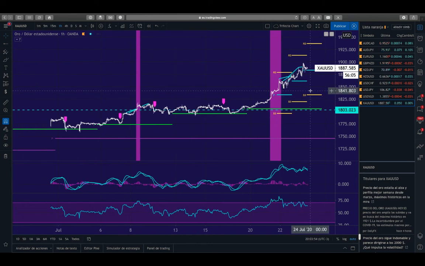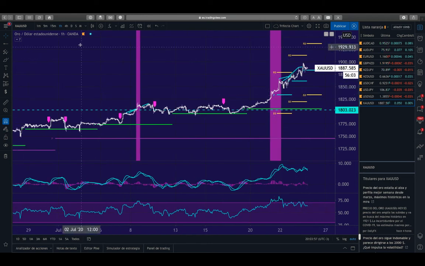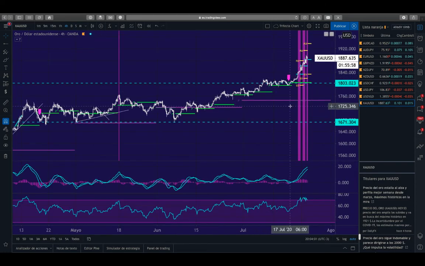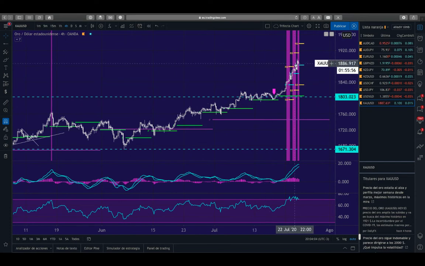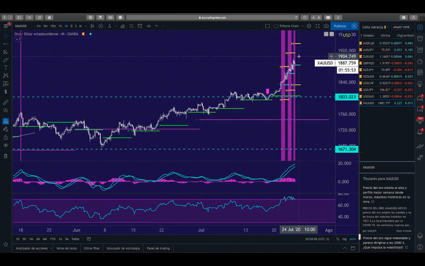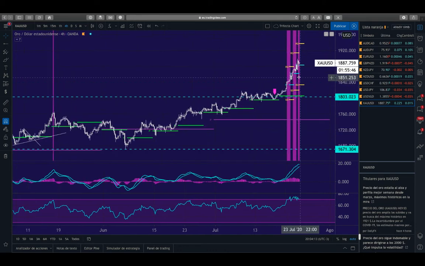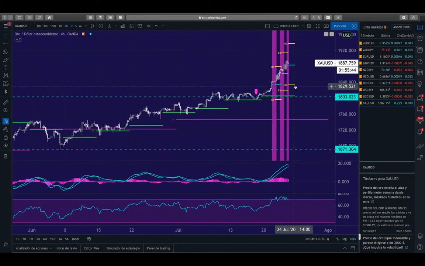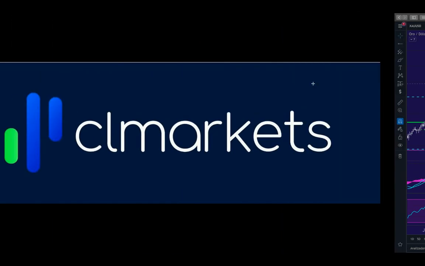But you have to be careful because every single market goes in cycles, and if we ever find a resistance that breaks this trend, we're going to see a retracement. So place your orders, place your stop loss, place your targets properly, and do not over leverage your account, and everything should be fine.